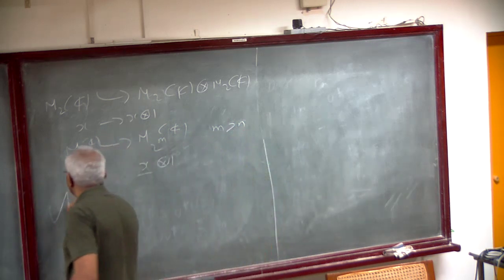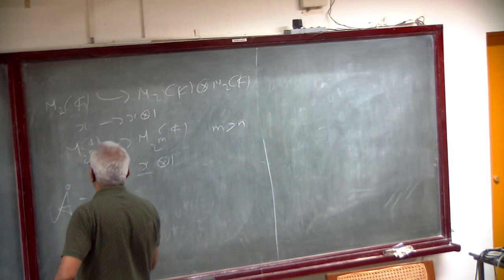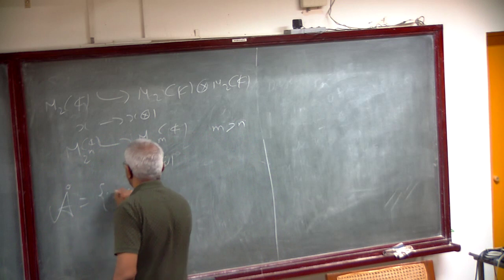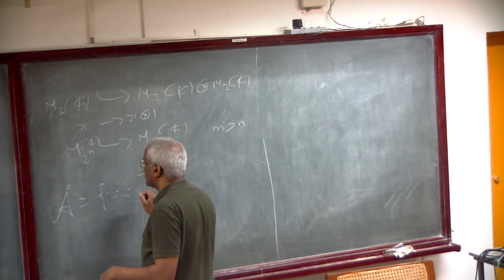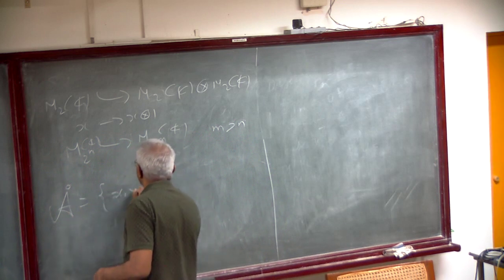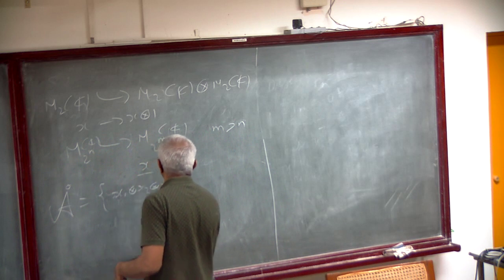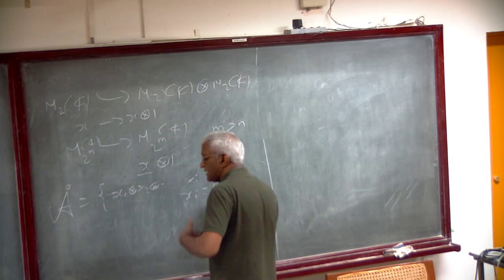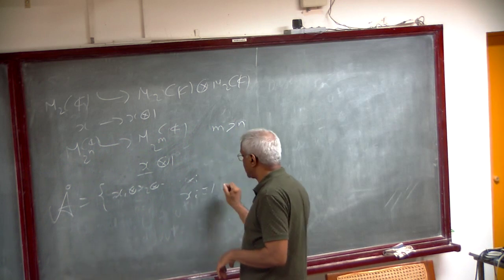Now you choose this A_0, equal to all those x_1 tensor x_2 tensor, an infinite tensor like this, on one side, where x_i equals 1 except for finitely many.